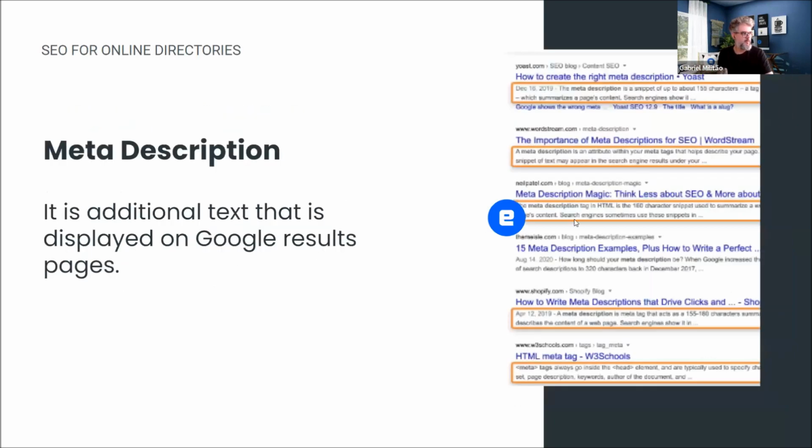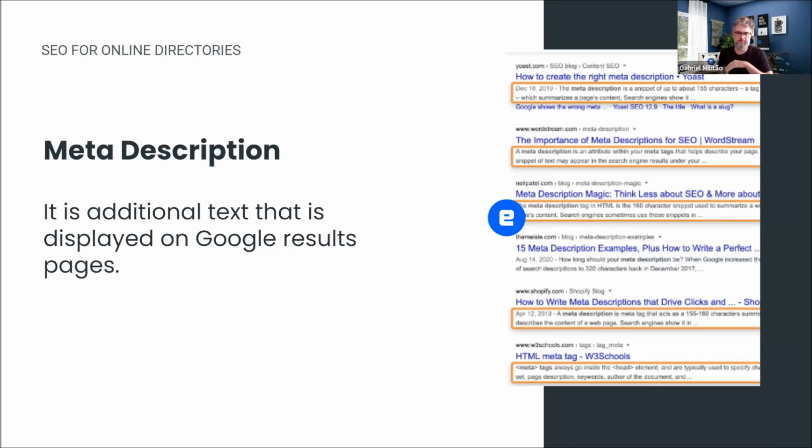Moving on next, we have the meta description. So the meta description, as you can see here in the images, are these texts or descriptions that you see right below the blue links on Google on a search engine page. The meta descriptions are elements that appear just below that as a summary of the content of your web page.